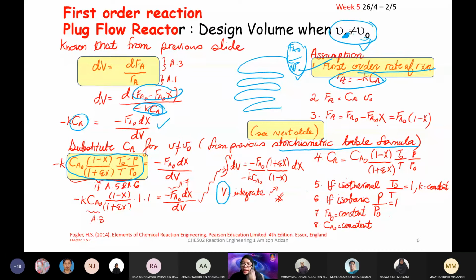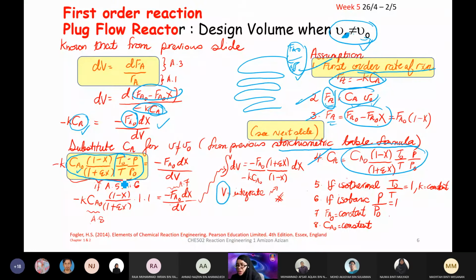We are going to simplify this since we have CA naught, so we express FA naught, writing it in terms of the same parameter. Assumption number 2: FA can be written as CA times the epsilon naught. FA can also be written as FA naught minus FA naught X. And now CA is that equation which you have replaced into CA.